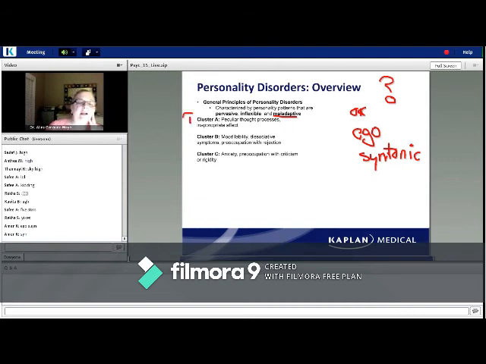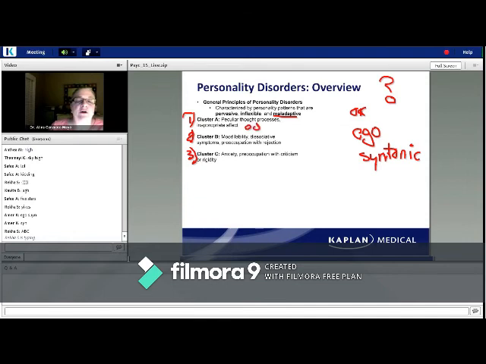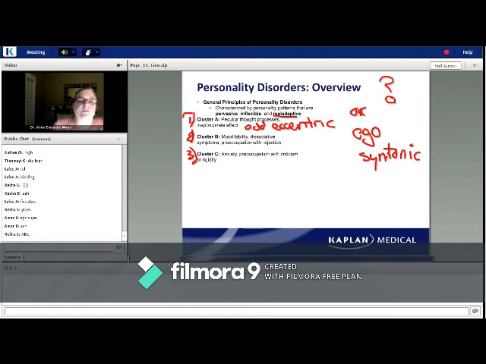There are 3 clusters in these personality disorders. Well, actually, let me rephrase that. They're not called cluster 1, 2, and 3. They're called clusters A, B, and C. Cluster A is the odd and eccentric type. With that name itself, everyone in there is kind of strange.